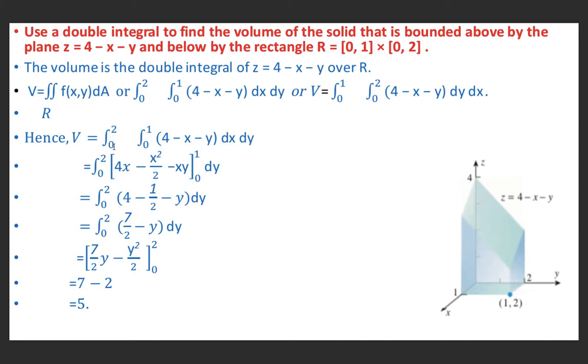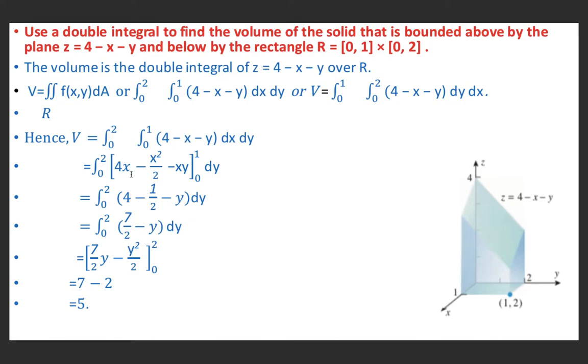So V is equal to the double integration of 4 minus x minus y over the region [0,1] by [0,2]. X varies from 0 to 1 and y varies from 0 to 2. If we integrate it first with respect to x, it is 4x minus x square upon 2 minus xy. Here the limits are 0 to 1. Substitute the upper limit.